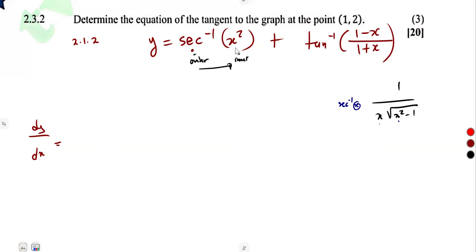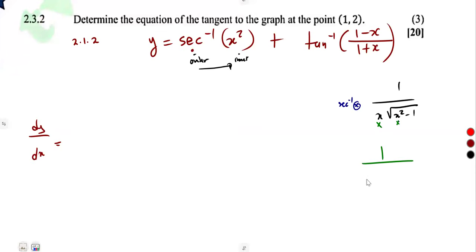In place of x, you must put what is represented. So in place of x, you put whatever is inside the bracket. So in place of this x, we're going to put x squared. In place of x here, we're going to put x squared.